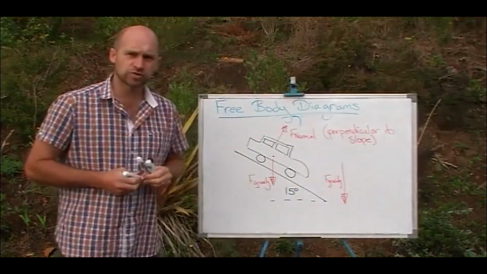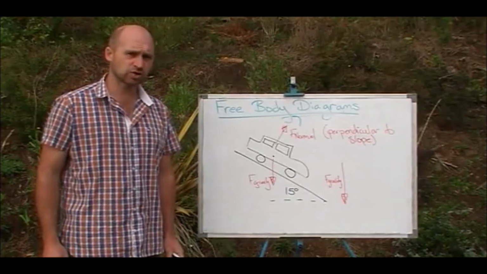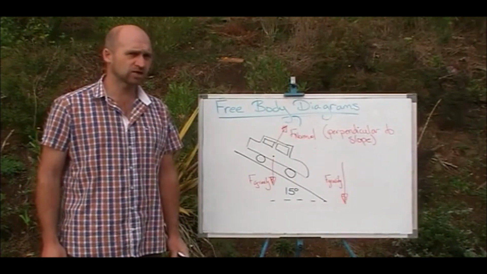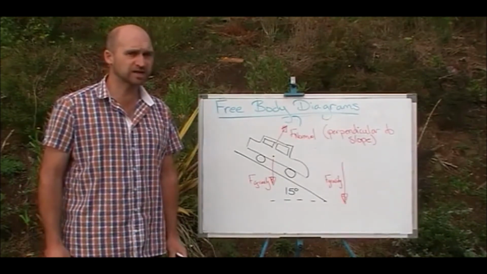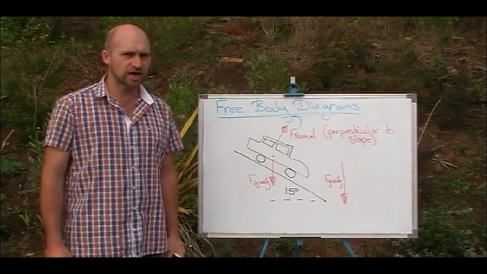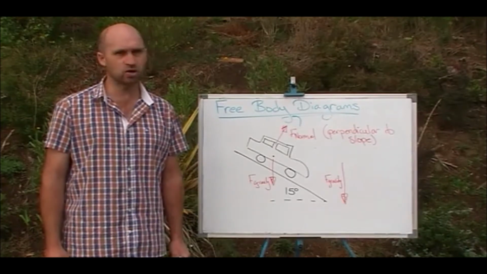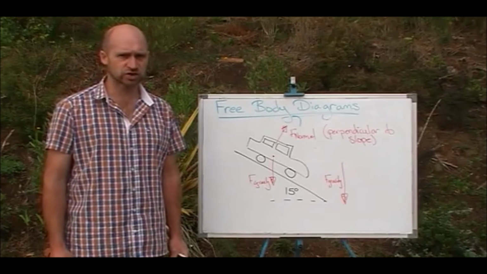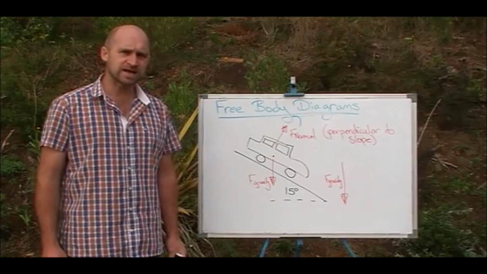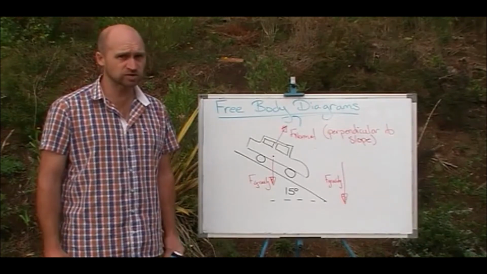And what we're going to do is split that gravity into 2 components. We're going to split it into a component which is directed down the ramp that can cause acceleration, and a component that's not directed down the ramp that cannot cause acceleration. Remember that any vector you can split into 2 other vectors at right angles to each other.